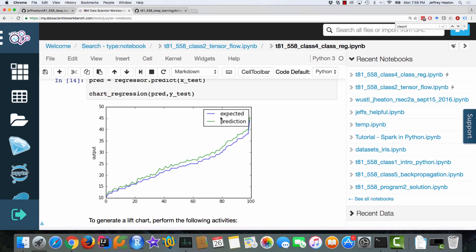If you took away the green line, your blue line would basically just be a line chart showing how quickly, as you order all the cars from the lowest miles per gallon to the highest miles per gallon, they increase. Then you put the predicted line on it so that you show the predicted output, the model's estimation of that.